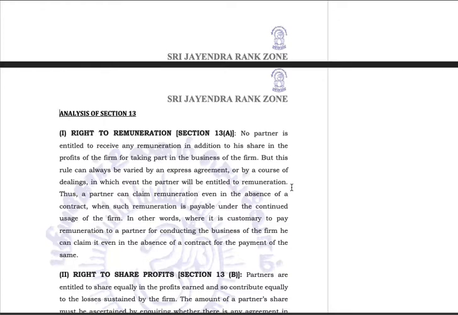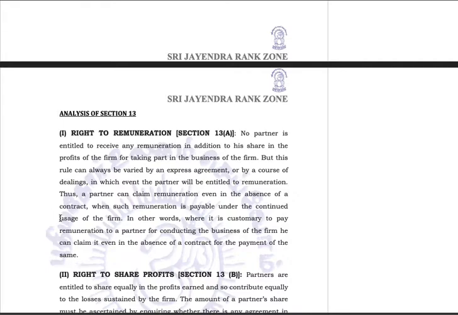If you have a contract, he can have a remuneration. Thus, a partner can claim remuneration even in the absence of a contract when such remuneration is payable under continued usage of the firm. In other words, where it is customary to pay remuneration to a partner for conducting the business of the firm, he can claim it even in the absence of a contract for the payment of the same.